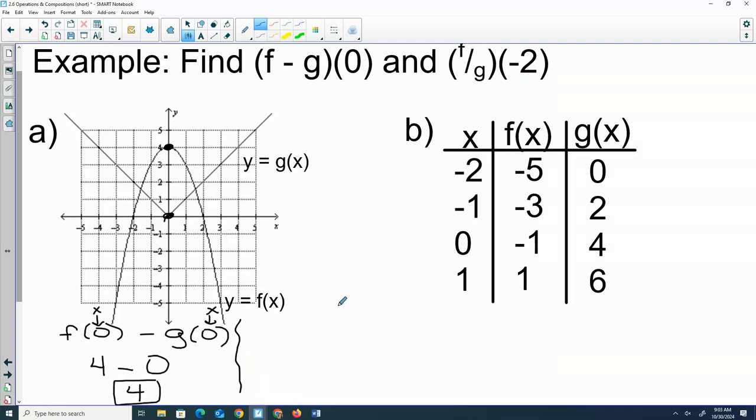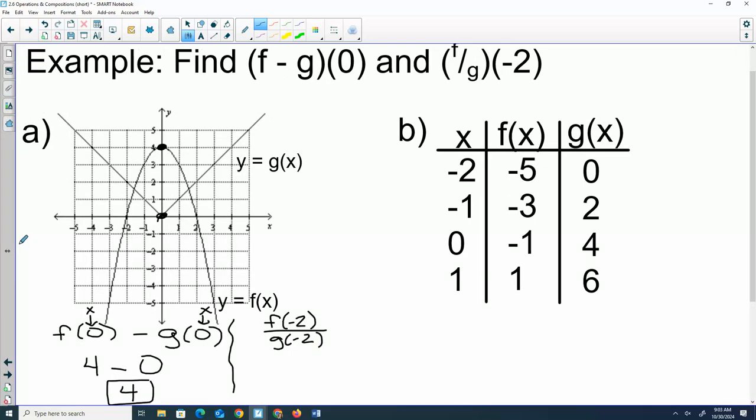When I say f divided by g of negative 2, so I need f of negative 2 divided by g of negative 2. So on function f, when my x is negative 2, what is the y value? 0.